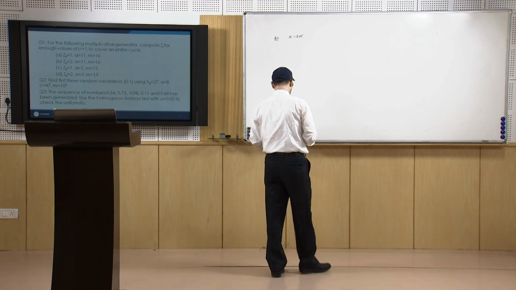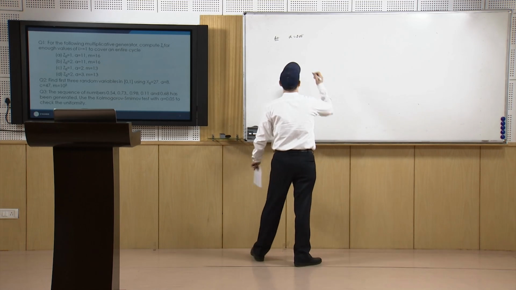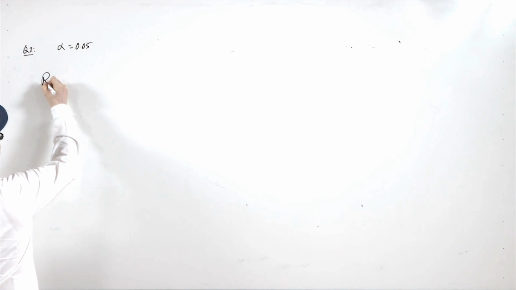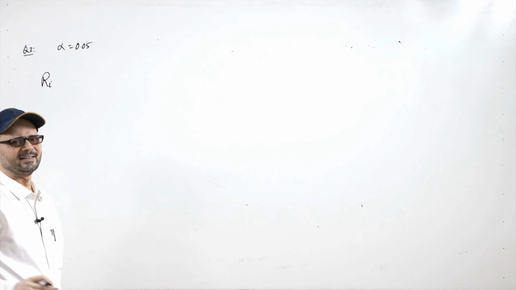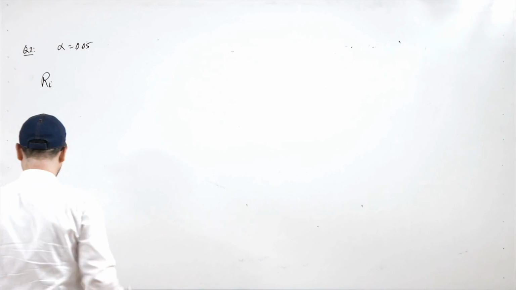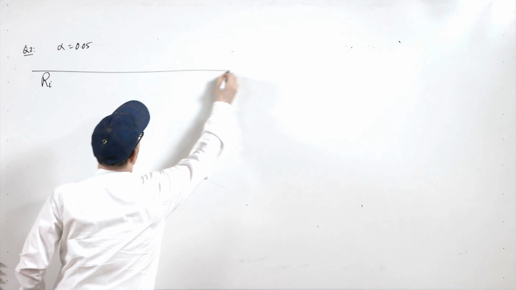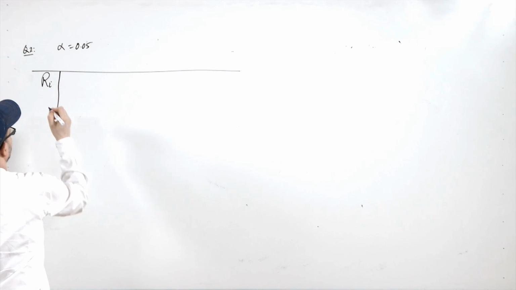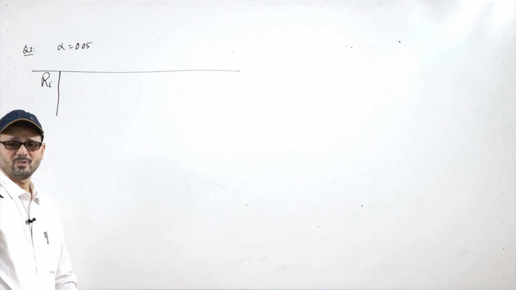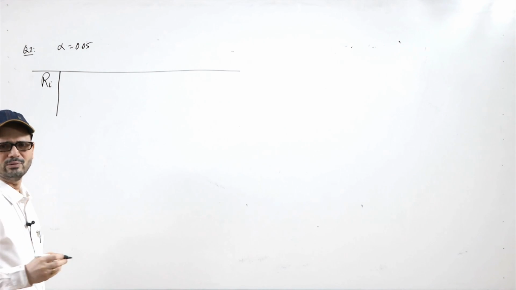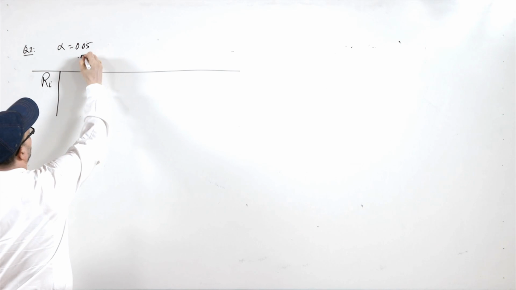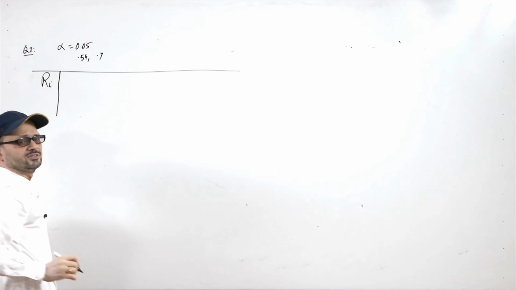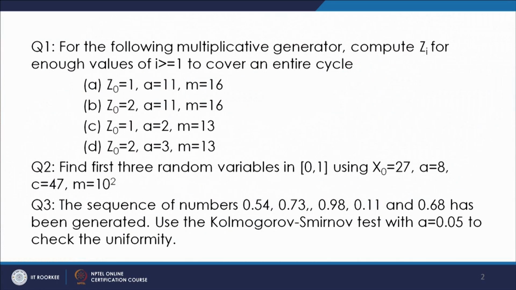So, let us find. We have Ri, and we will write it in ascending order. The values are 0.54, 0.73, 0.98, 0.11 and 0.68.